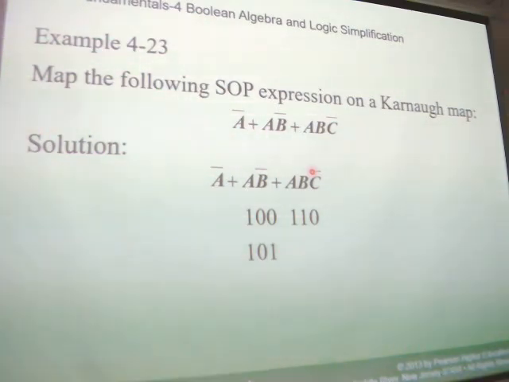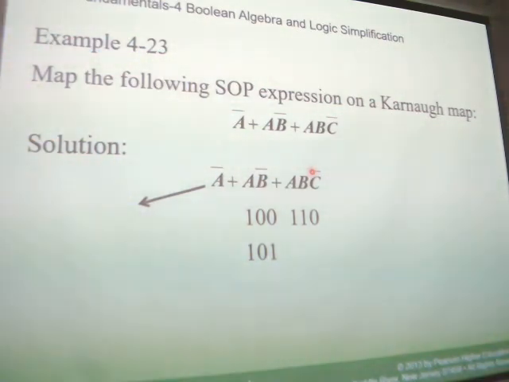And AB bar. So the binary values are 000, 001, 010, 011.